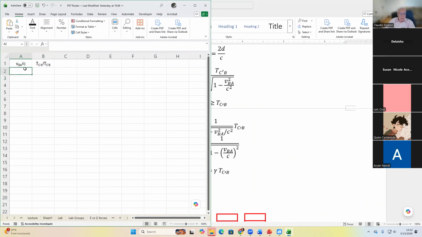This ratio can be anywhere between 0 and 1. I'm going to start with 0, then 0.05, no, I don't want 0.5, I want 0.05.